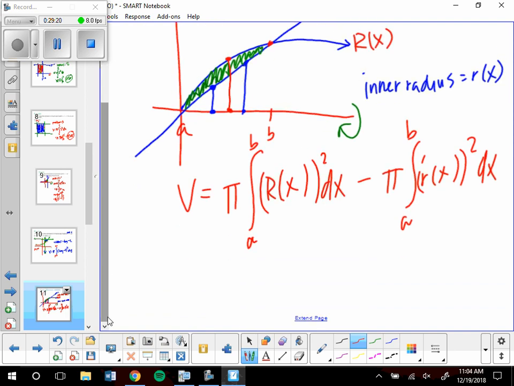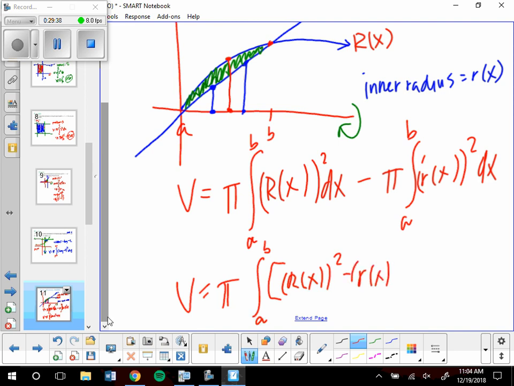What do you notice about the bounds on those? They're the same, so we can write it as one integral. That saves a little bit of time. One pi, a to b, and we can just do big radius R of x squared, minus your little radius squared.